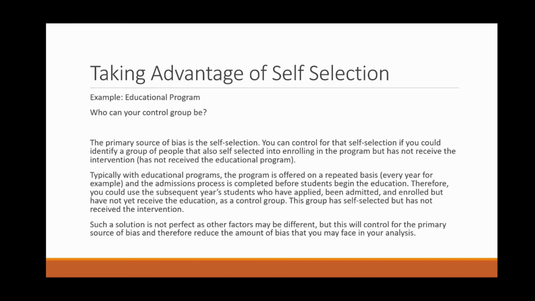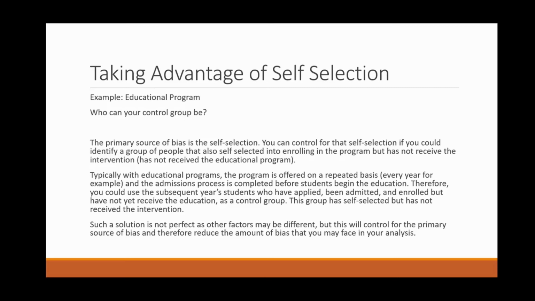Right now we're talking about a computer training program where people choose to participate or not. If we are creative, we can try to identify a control group that is also self-selecting into the program, a population that is also self-selecting into the program.